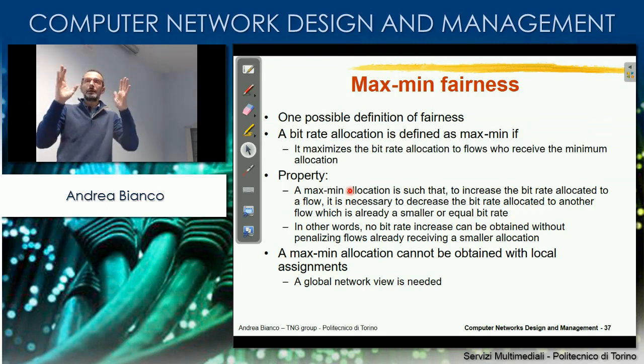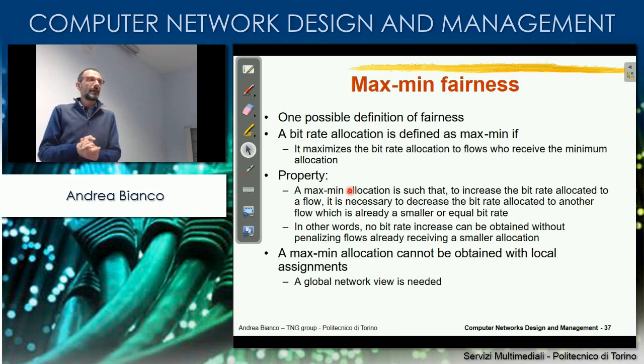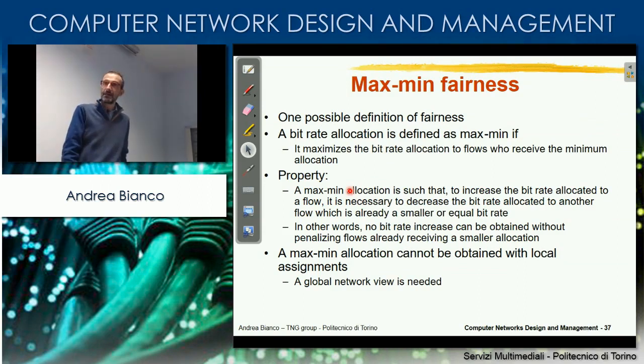If we were able to know everything in instantaneous time, compute this max-min fair allocation in zero time, and signal this information to the sources, then we would obtain the network operating point that we would like to have. We know that this is not possible in practice for several reasons, but at least we have a goal: the optimal solution under this definition, which we compare against to see how far our solution is from this ideal solution. So it's a reference.